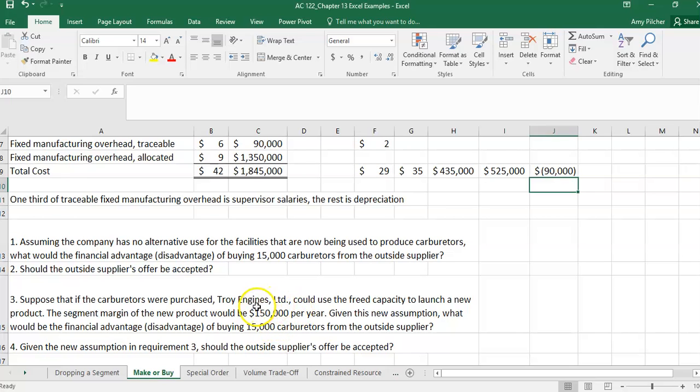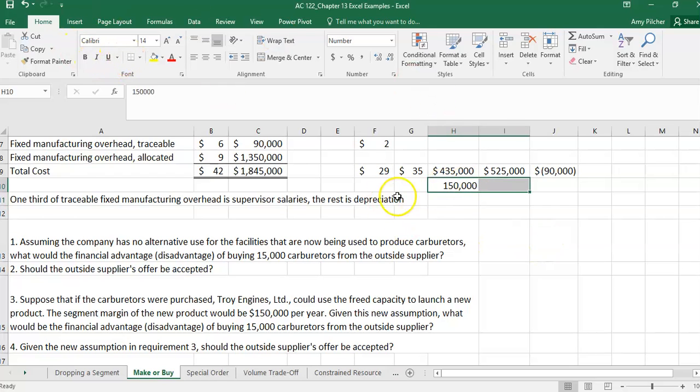So this $150,000 is an opportunity cost to us now. If we continue to make the product, we give up this opportunity of $150,000. So we lose an opportunity that costs us $150,000.